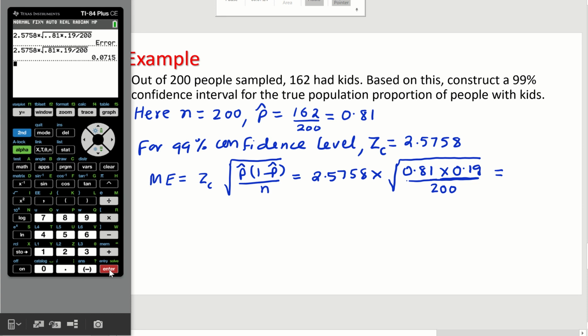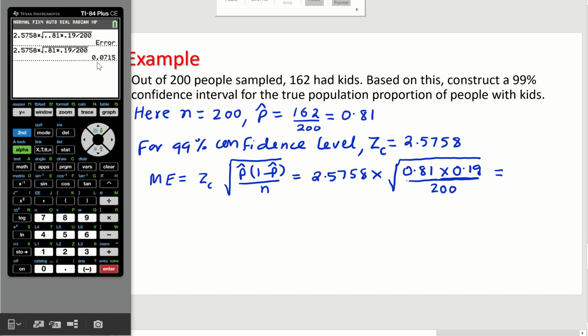Okay, 0.0715. You can verify one more time. 2.5758 times that.